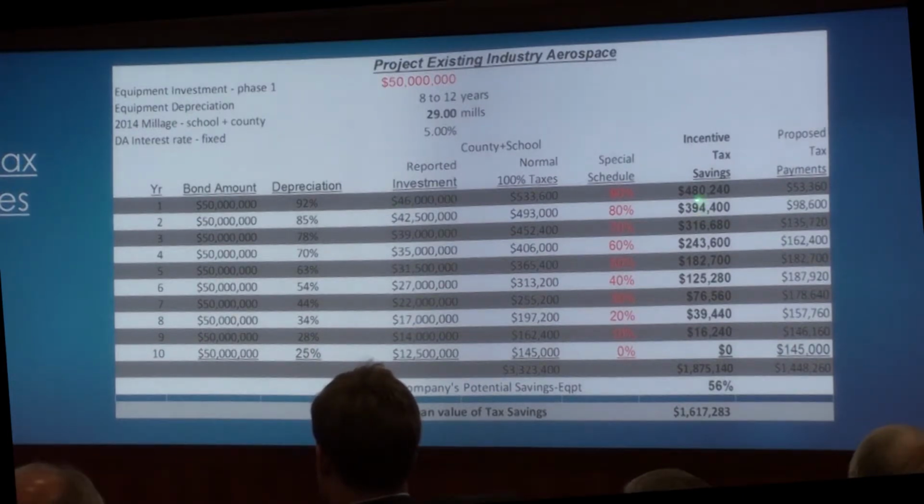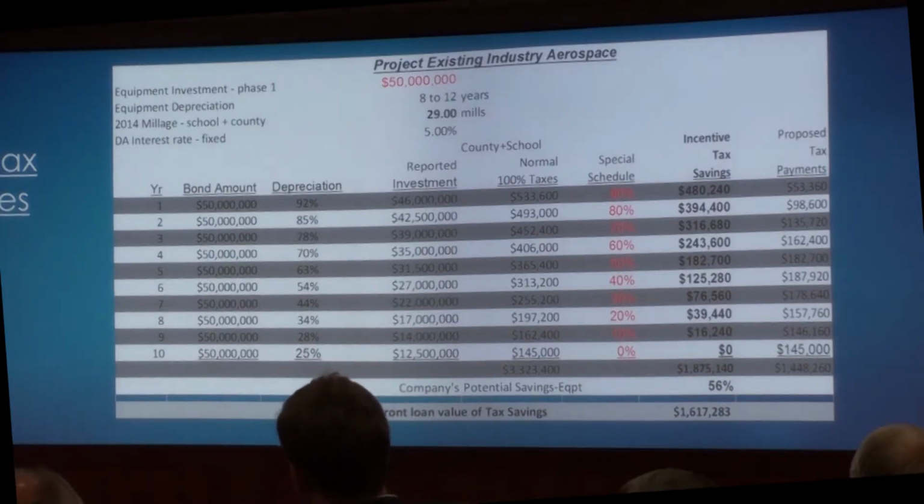And essentially, what we did is we took these tax savings that they would have recognized over 10 years, totaled up $1.9 million, and the development authority was going to go out and borrow $1.6 million and pay 5% interest on the money they borrowed, and they were going to get this stream of cash flows, which was going to do the debt service on the loan.